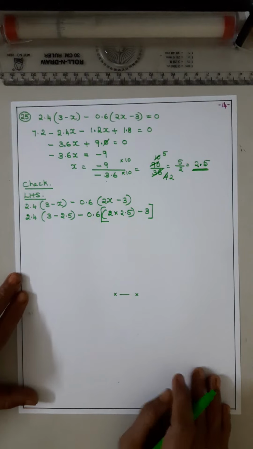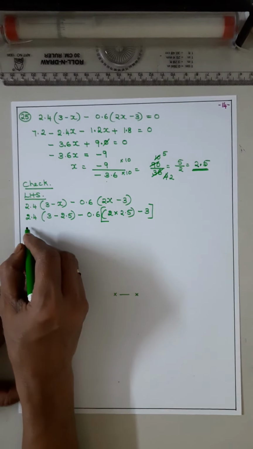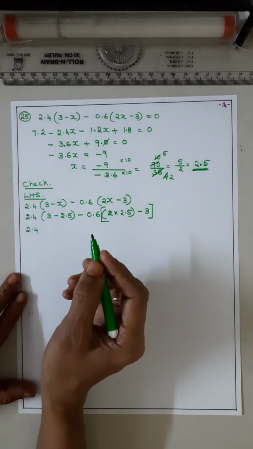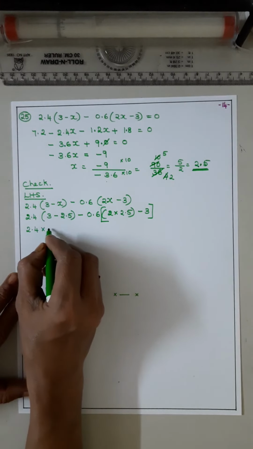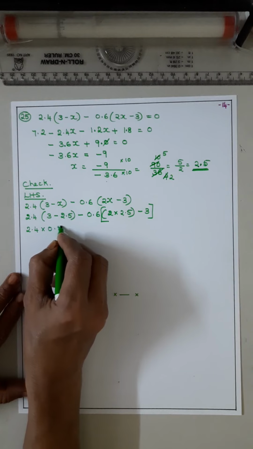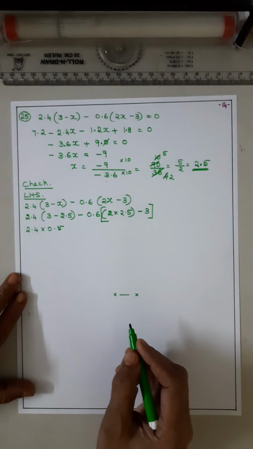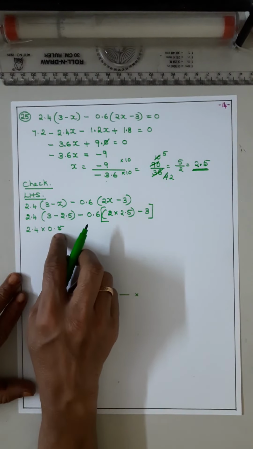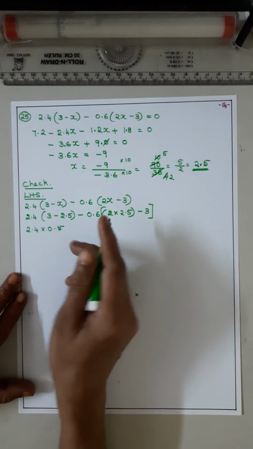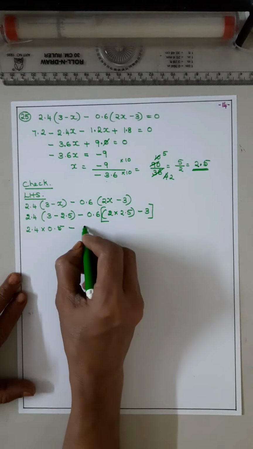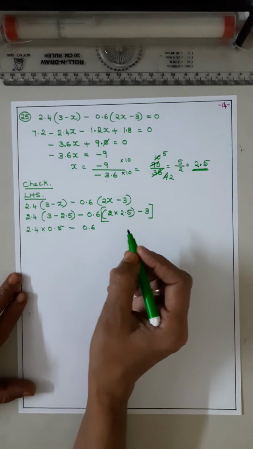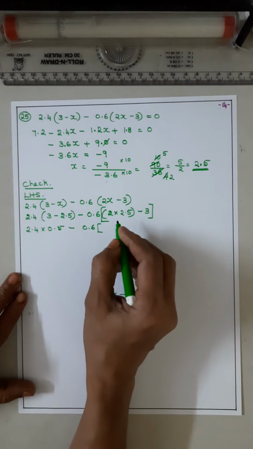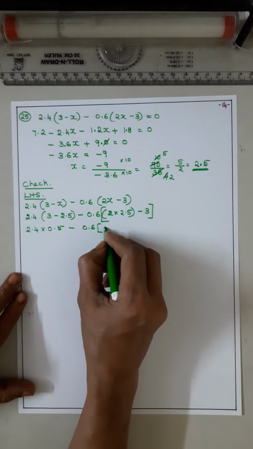Understood? Take extra brackets. Now here how much will come? 2.4, 3 minus 2.5 means what? 0.5, isn't it. 3 minus 2.5 will be 0.5. Minus 0.6. Here 2.5 into 2, meaning 25 2s are 50.